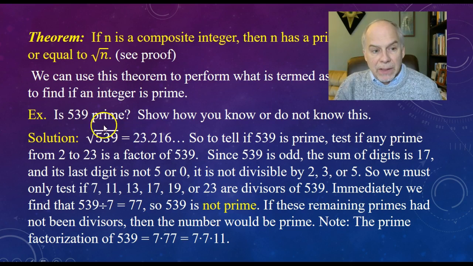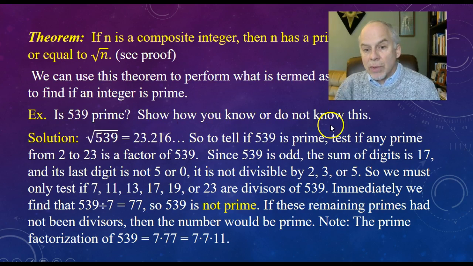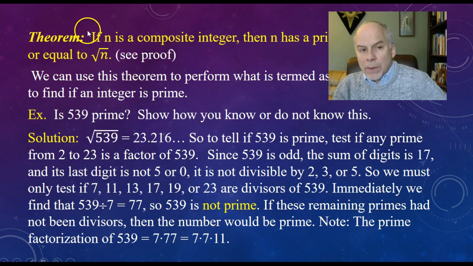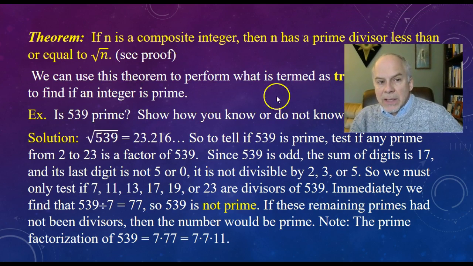So for example, is 539 a prime number? Show how you know or do not know this. First of all, you figure out what is the square root of 539. So you can take your calculator and do the square root of 539, and it'll be 23.216, etc. So what the theorem says now is that if 539 is composite, then it will have a prime divisor less than or equal to that square root number.